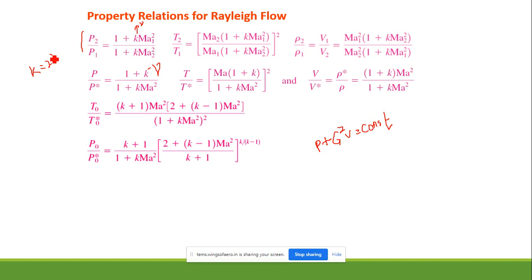Don't worry, if you have not understood, I will show you some examples of how the temperature changes when we are adding heat to the subsonic flow. So that it may be helpful for you.